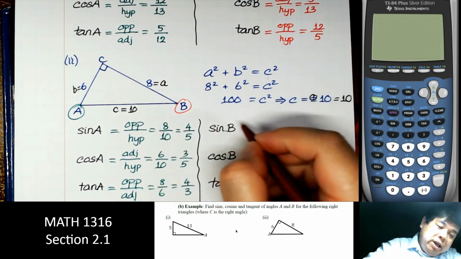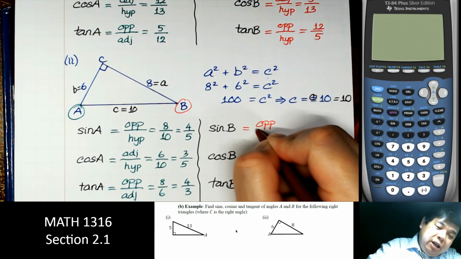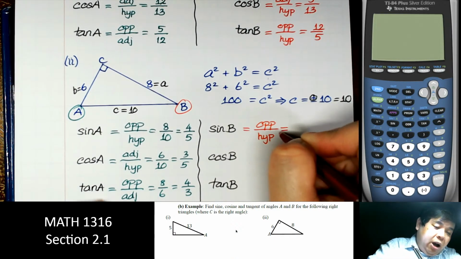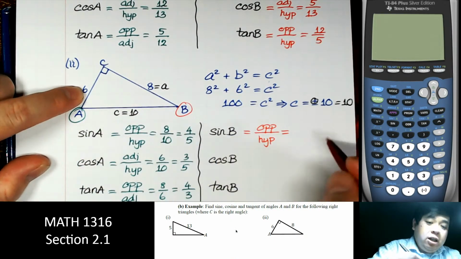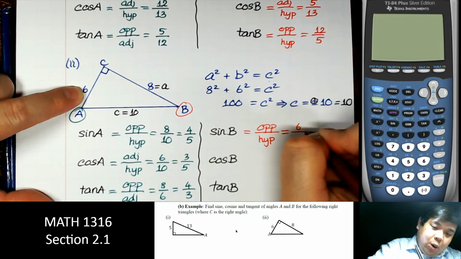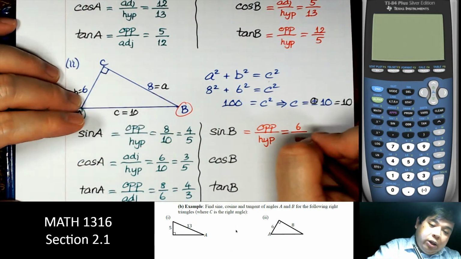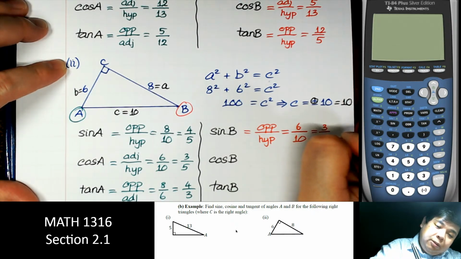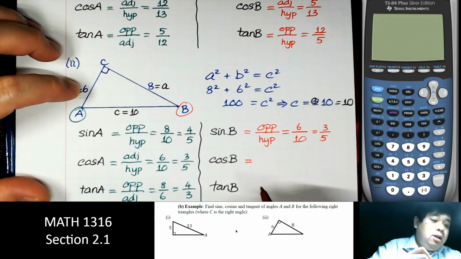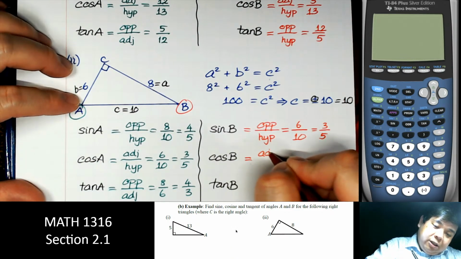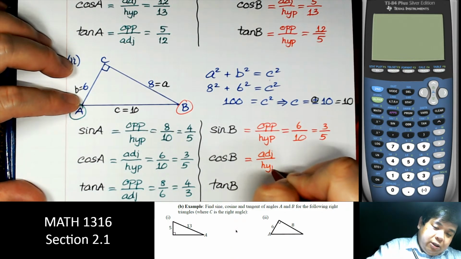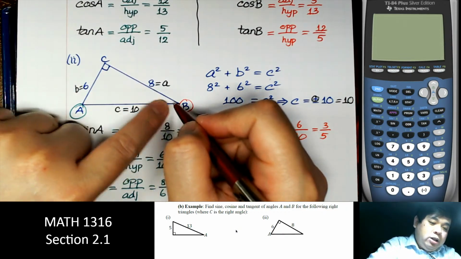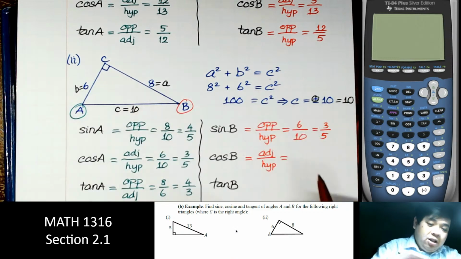Now with respect to angle B, opposite to angle B and hypotenuse. Opposite to angle B is the sine B, which is 6 over hypotenuse, always that one. Next, adjacent over hypotenuse. Adjacent to angle B, this is angle B, adjacent to it is that.